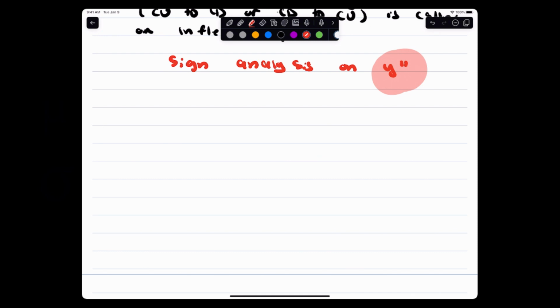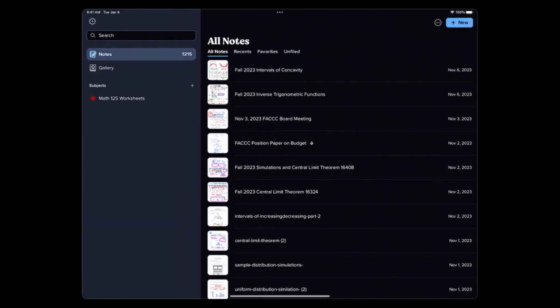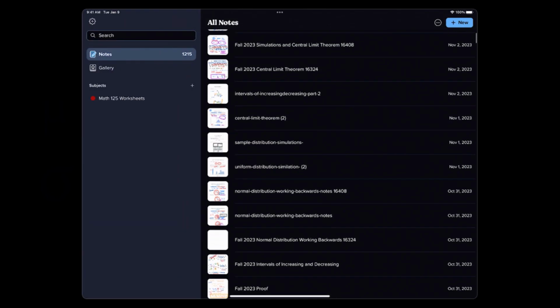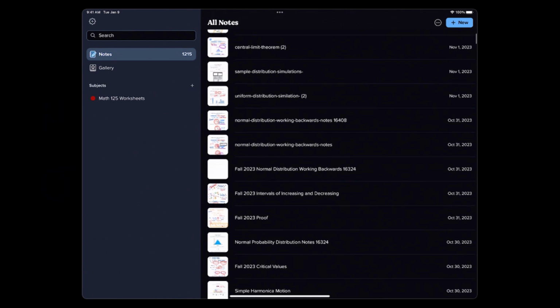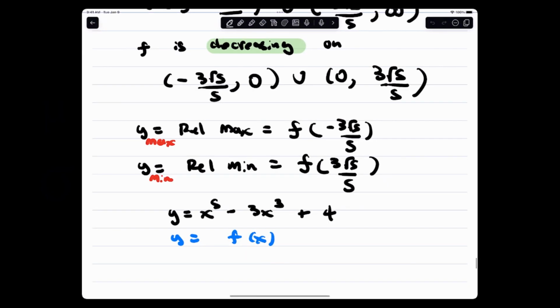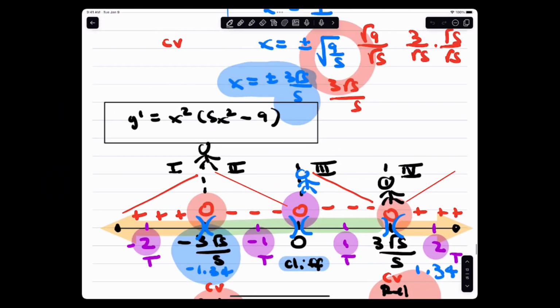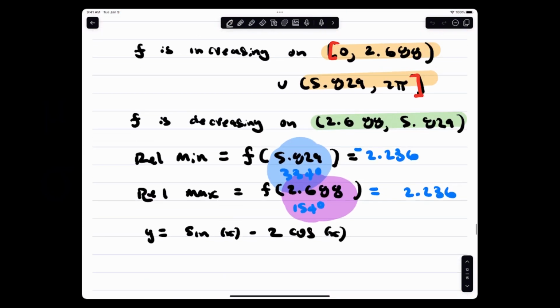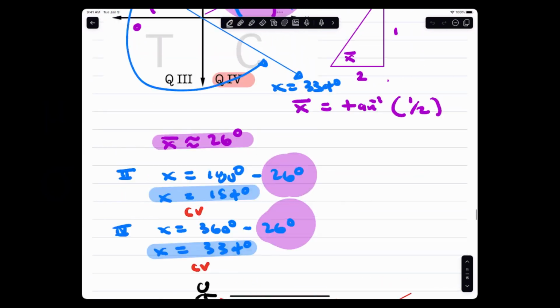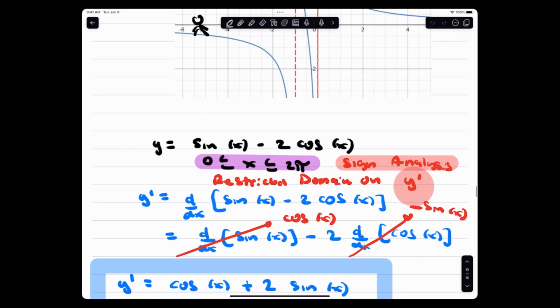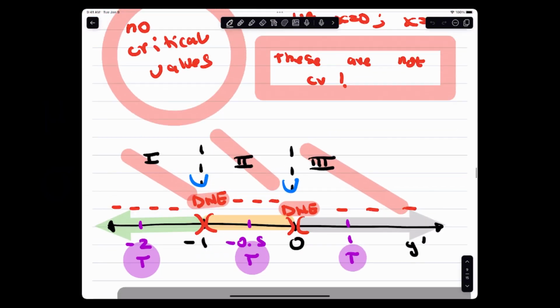So let me go back now and try to look at what we've done for intervals of increasing, decreasing. Right? So we can do all this one here. Let me see here.